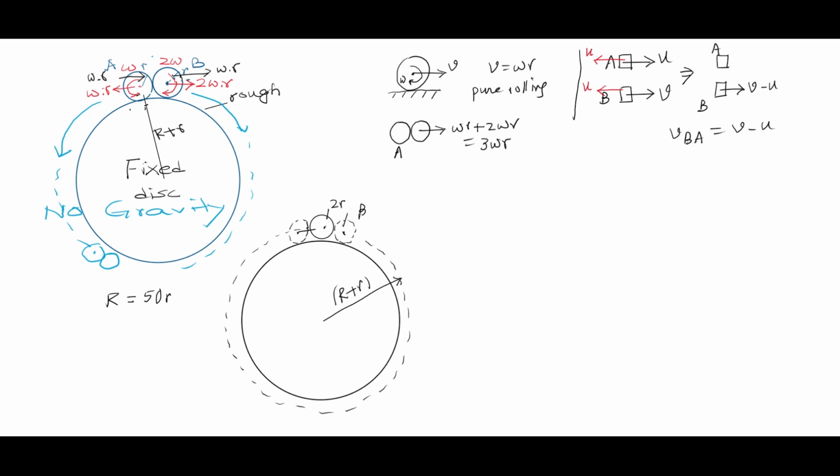So the final separation between the centers of A and B will be 2r, and their initial separation was also 2r. So the center of mass of B will be required to travel a distance of the circumference of radius r plus r minus 4r. This is 4r.